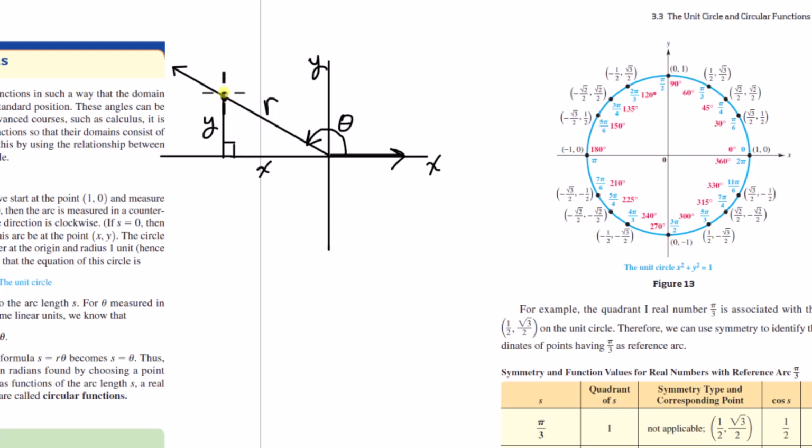So those coordinates could be negative. Like in this case, X is negative, Y is positive. In another quadrant, it'd be different. But the radius is always positive because with the Pythagorean theorem, R is the square root of X squared plus Y squared. It's always positive.